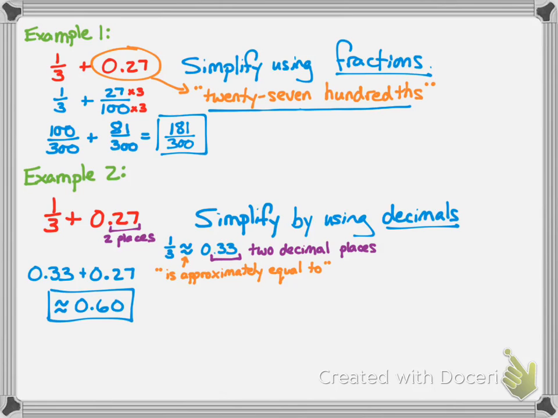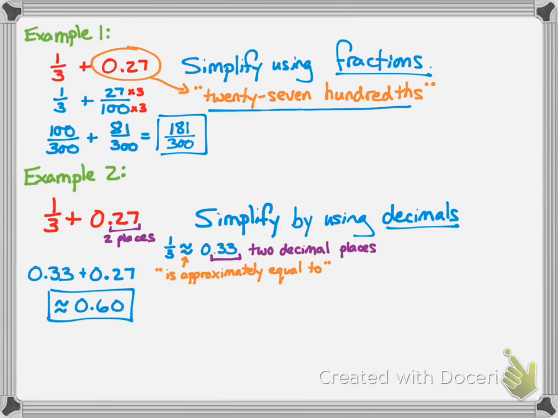Then we rewrite the expression as 0.33 plus 0.27, and we get an approximate answer. Notice how I've answered the question: it's not an exact answer anymore, which is why converting this type of problem to decimals is not necessarily as accurate as example 1, converting 0.27 to 27 hundredths.